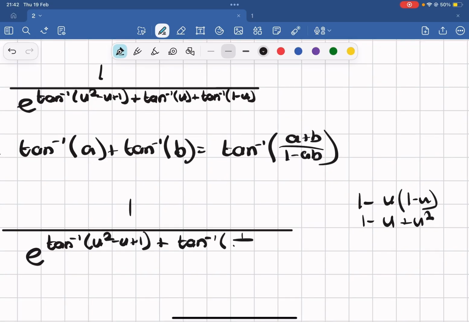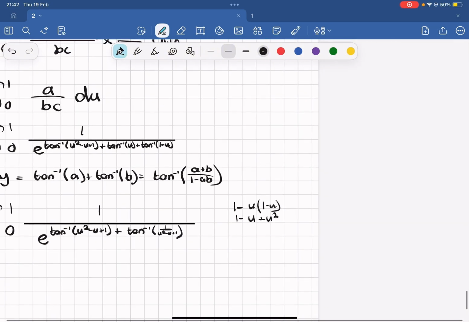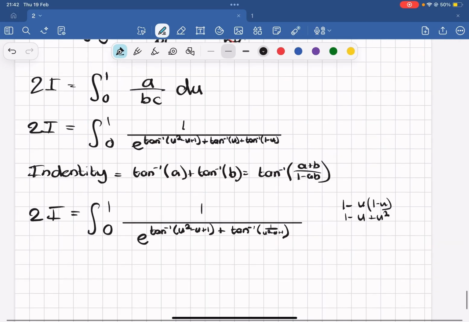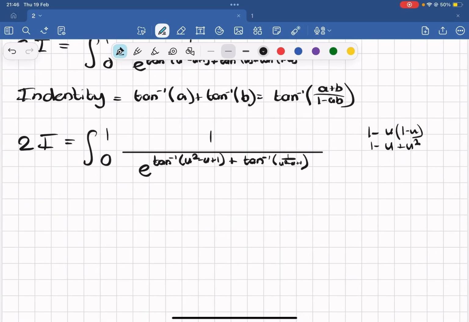So that is now u squared minus u plus 1. So now we've got arctan of something plus arctan of 1 over this something.